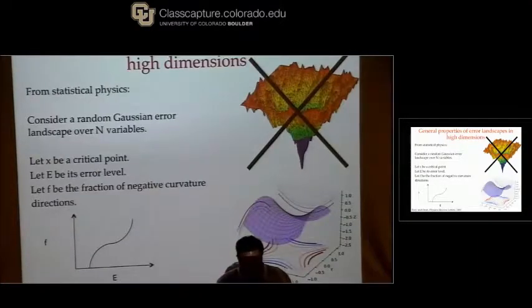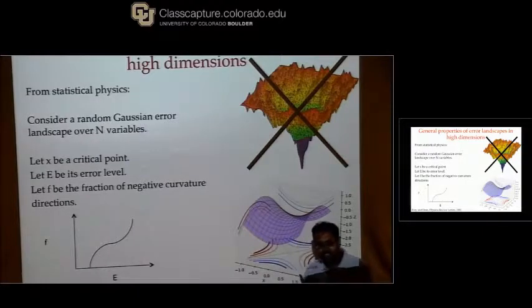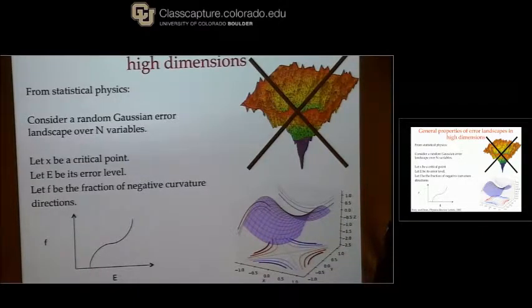Okay. So we didn't try to approximate the loss landscape of deep neural networks at all. We instead tried to rely on universality in the following sense. So we asked, what does just a generic landscape look like?